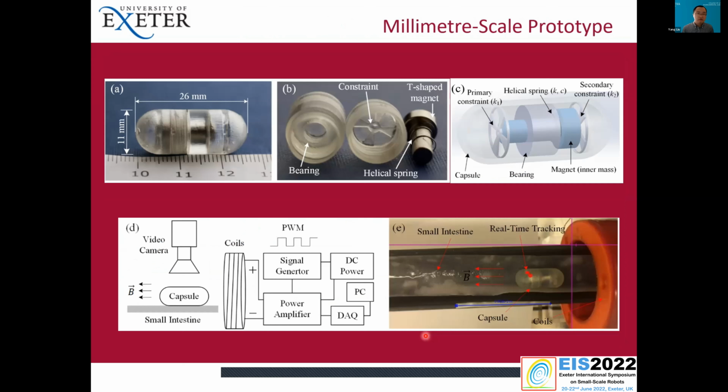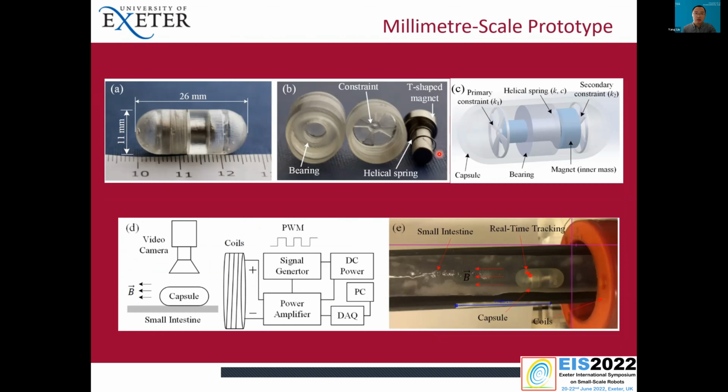And then we move to the millimeter scale prototype. Once we are happy with the mesoscale, the size of this millimeter scale prototype is 26 millimeters in length and 11 millimeters in diameter, which is a standard size capsule used in hospitals at the moment for capsule endoscopy.